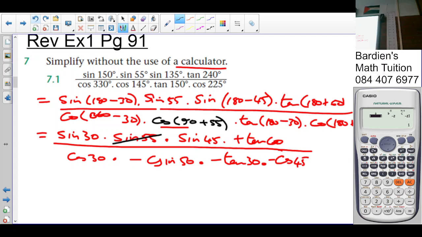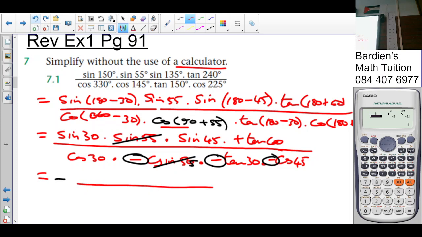There are three negatives, so the ultimate answer is negative.